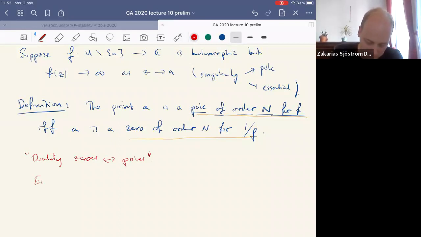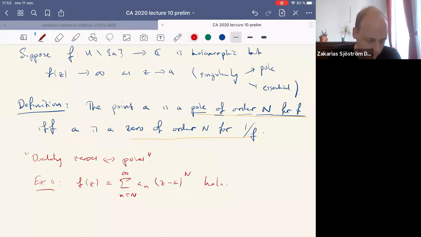So the example would be that f of z is equal to some function with a power series expansion like this, which starts at n because it has a 0 of order n, and this is holomorphic.